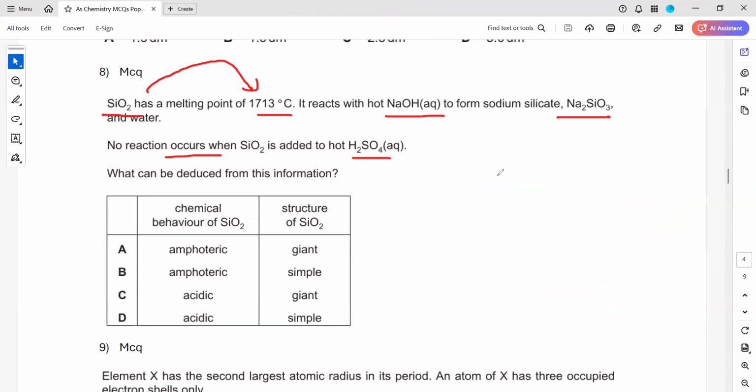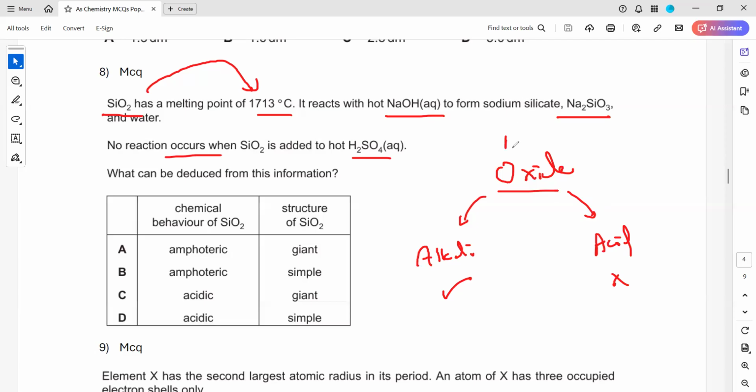So if we have an oxide and we add an alkali, it reacts, but if we add an acid, it does not react. What do we conclude for this oxide? An acidic oxide can react with alkali, a basic oxide can react with acid, an amphoteric oxide can react with both, and a neutral oxide does not react with acid or alkali. So what kind of oxide is this, which reacts with an alkali but not with an acid? It is an acidic oxide.